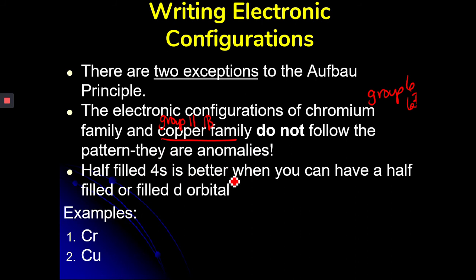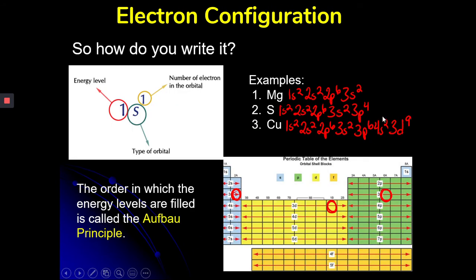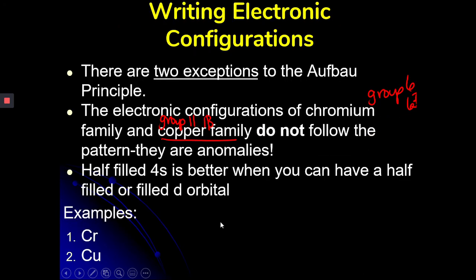Half-filled 4s is better when you can have a half-filled or filled D. So if we think about the copper that we just filled out, this is not correct. It's better to have the D filled and the S half-filled. So when we write copper, what copper really is, is 1s2, 2s2, 2p6, 3s2, 3p6, and then instead of 4s2 3d9, 3d10.